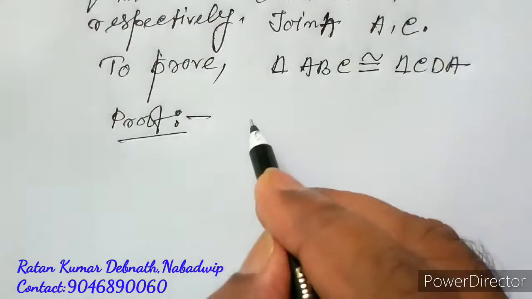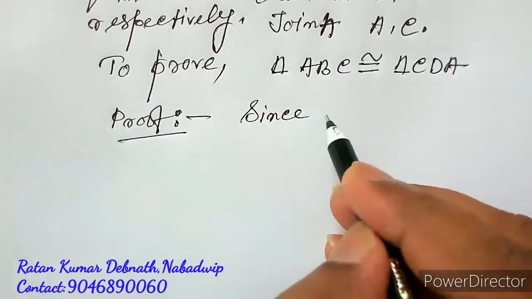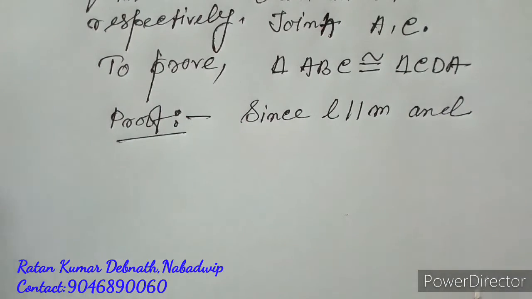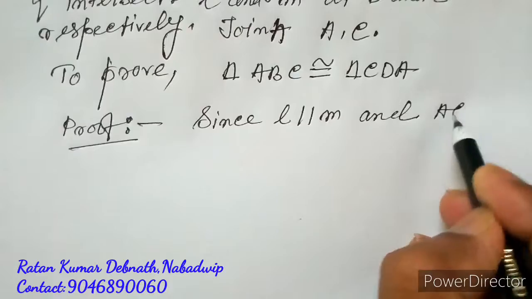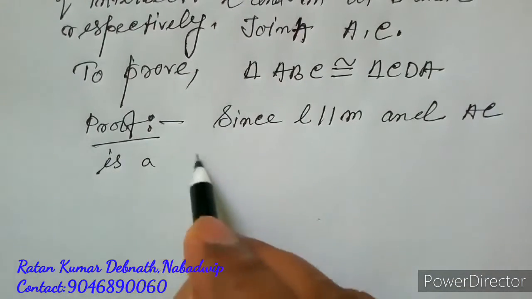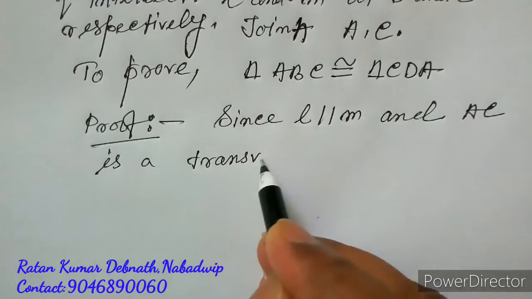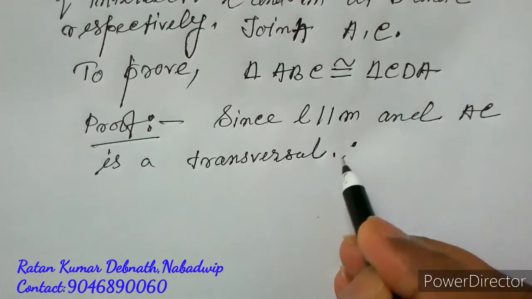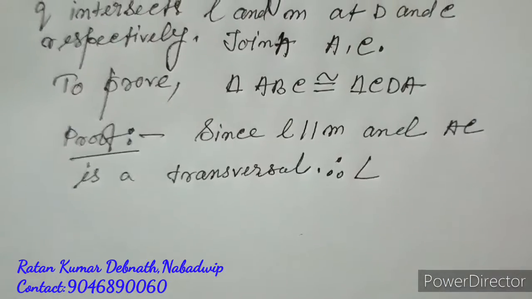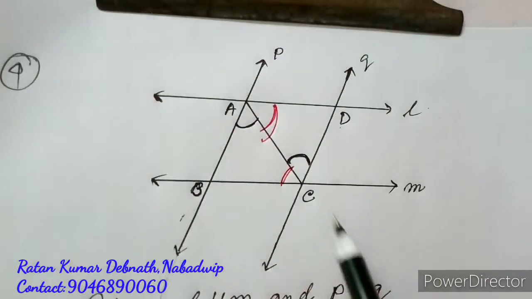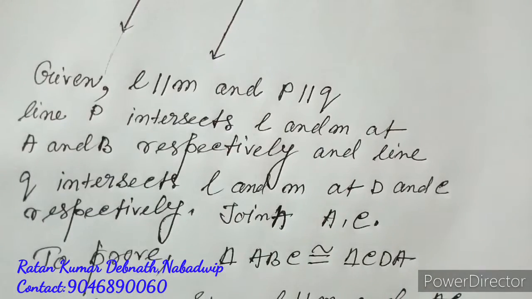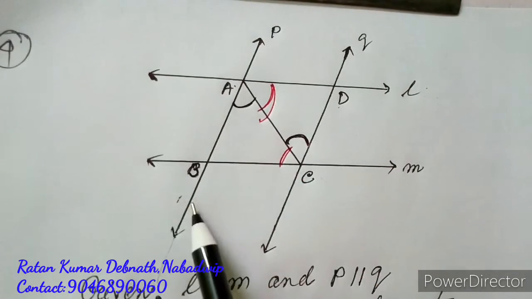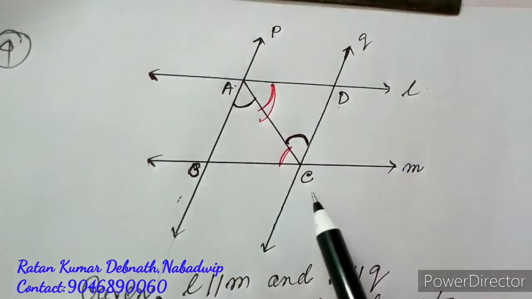So I am writing, since L parallel to M and AC is a transversal, therefore angle ACB equal to angle DAC.